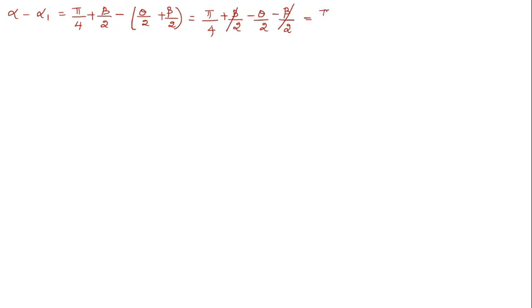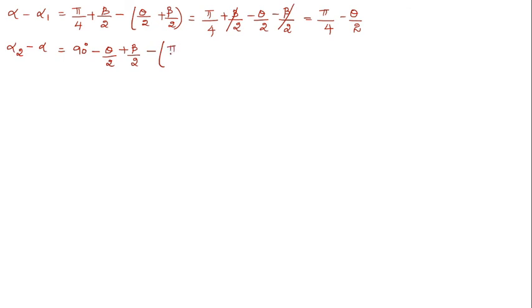Finally, we will get pi by 4 minus theta by 2. Okay. Next one is subtracting this maximum range angle from the obtuse angle. So this will be alpha 2 minus alpha. So alpha 2 is 180 degree minus something, so when you divide it by 2, it will be 90 degree, right? So 90 degree minus theta by 2 plus beta by 2 minus alpha.